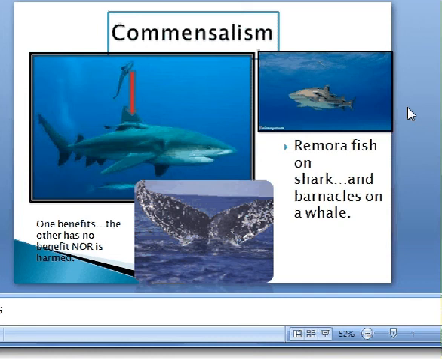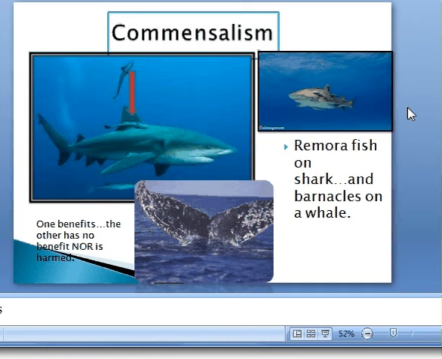So this little remora fish gets protection, it gets transportation, and another thing it can sometimes get too is, as the shark is feeding, the remora fish can pick up the scraps that are left and eat them. So three things really the remora fish can obtain from the shark.